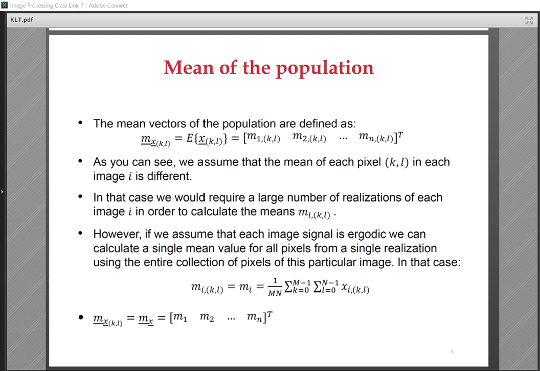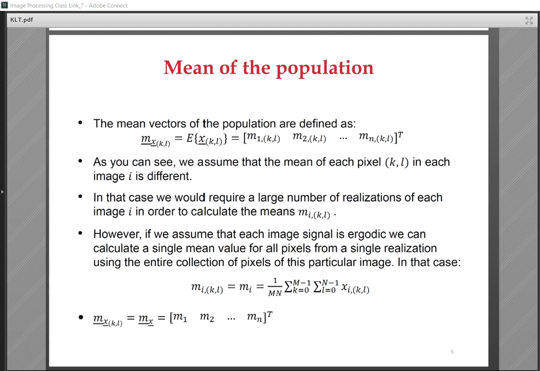If we assume that each image signal is ergodic, for example when the sources are independent, that is, if probabilistically our sources are independent, we can, with a good approximation, say that the random variable is an ergodic random variable.